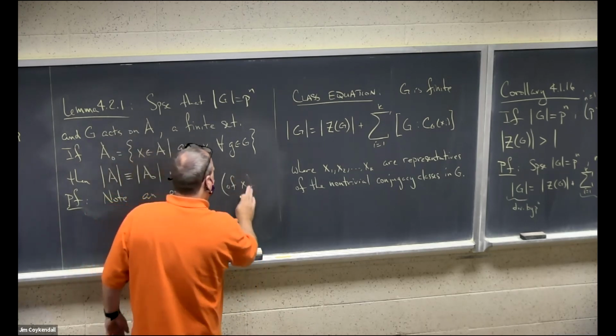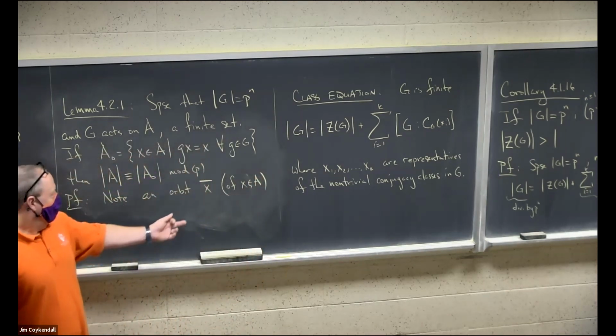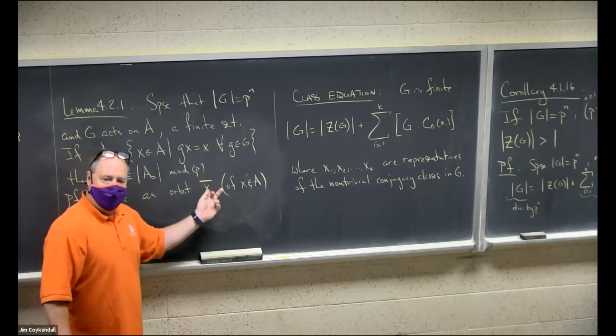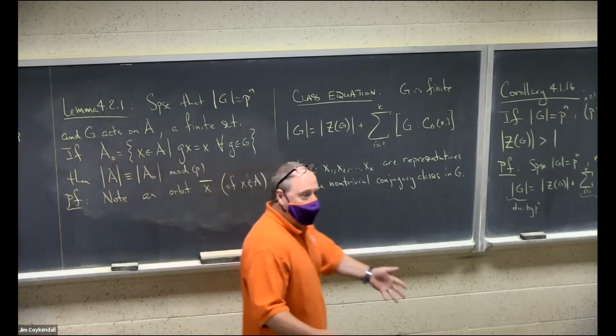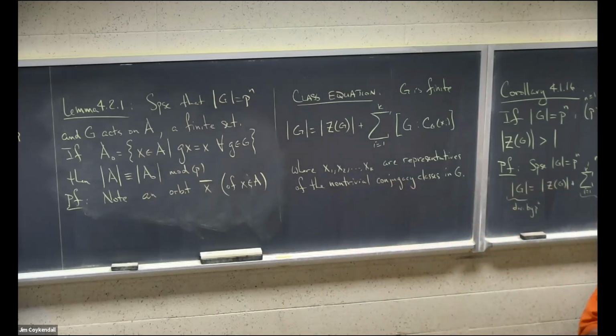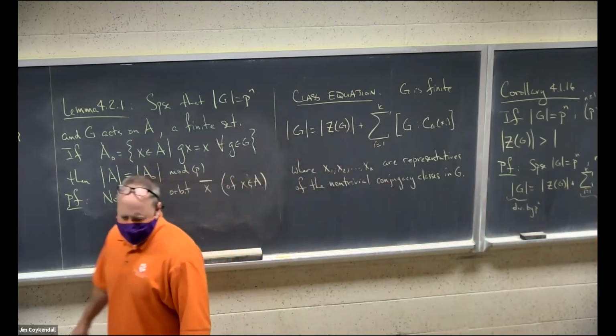Okay. x is going to be an element of A. I'm going to denote x bar to be its orbit. So this is actually the equivalence class of x under the action of G. It's every x times every element of G, that's its equivalence class. This is my orbit here.